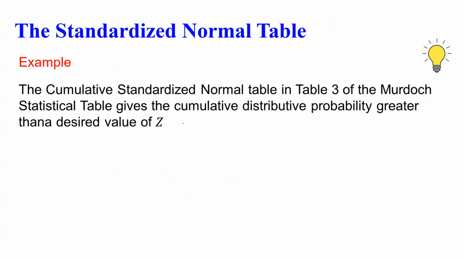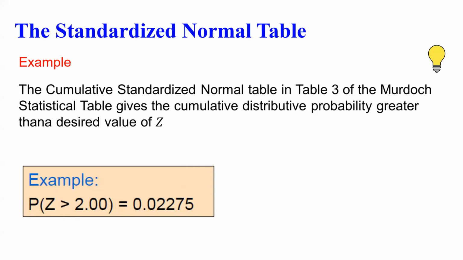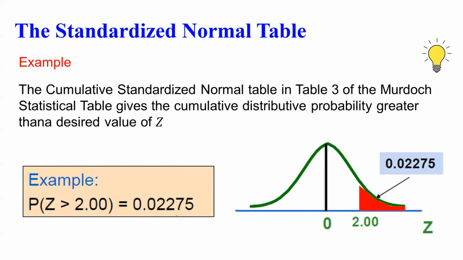Take a look at this example. The cumulative standardized normal table in Table 3 of the Murdoch statistic table gives the cumulative distribution probability greater than the desired value of Z. For example, given the probability P(Z > 2), you need to find out where it is.